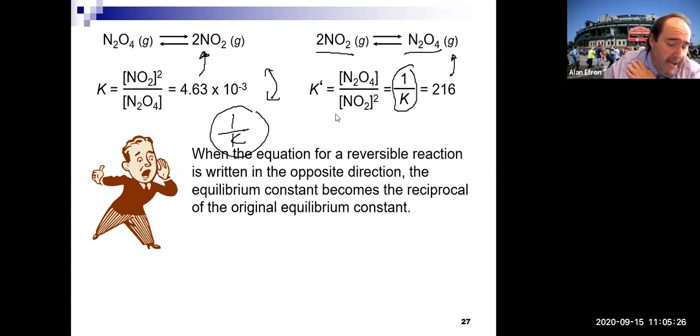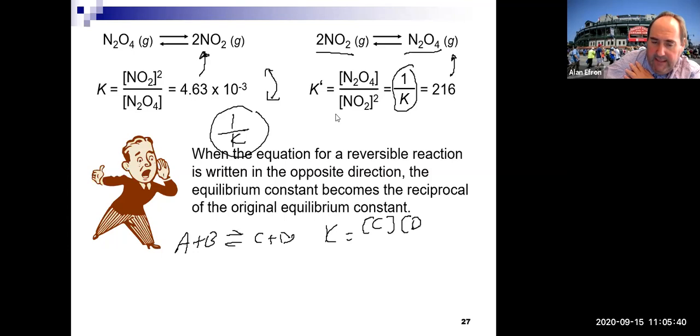Also, what sometimes happens is, for example, if I had A plus B goes to C plus D, and I write my K value for this, which would be C and D divided by A and B. Sometimes when you're putting equations together, you say, I don't really need one of everybody, but I need two.